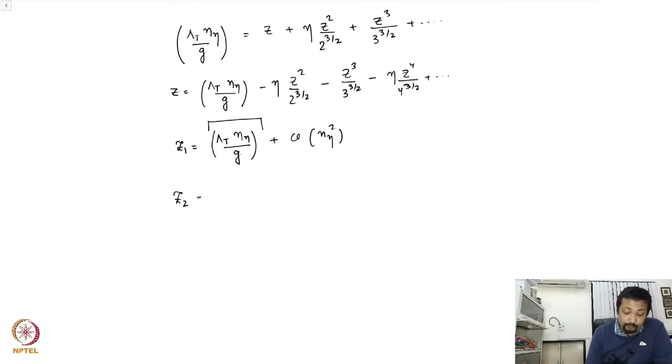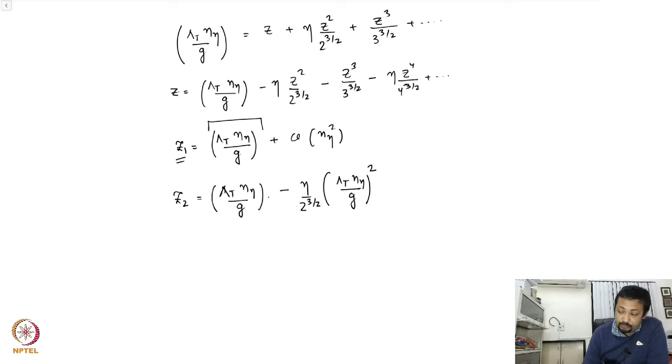What about z2? z2 is going to be λ_T nη over g minus η. I'm going to substitute z1 into this expression. That gives me (λ_T nη over g) whole square over 2^(3/2), and then I have order of nη whole cube, which comes from this.